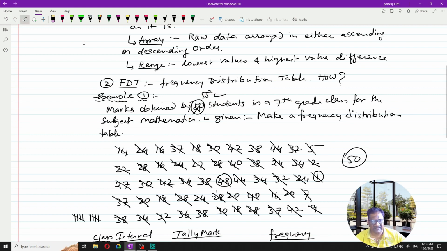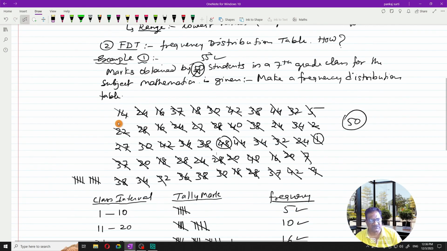Now let us verify the data. So this was the data, right? So 1, 2, 3, 4, 5, 6, 7, 8, 9, 10, and 11. And then 12 up to 55, counting through the list.